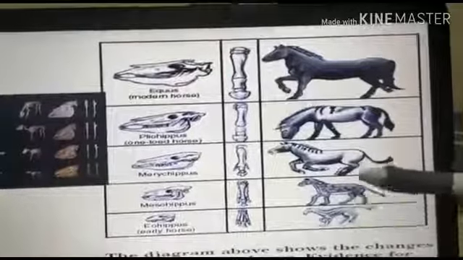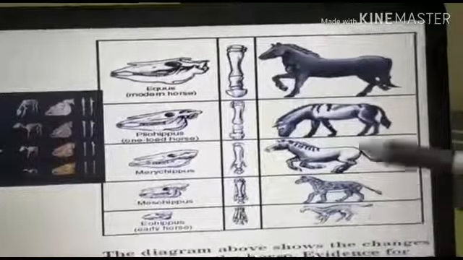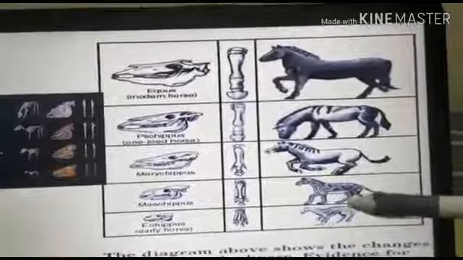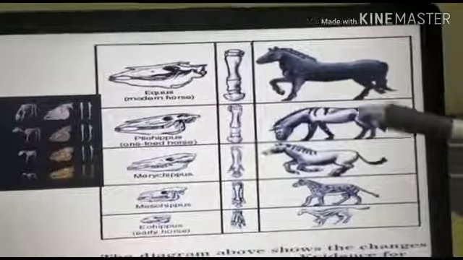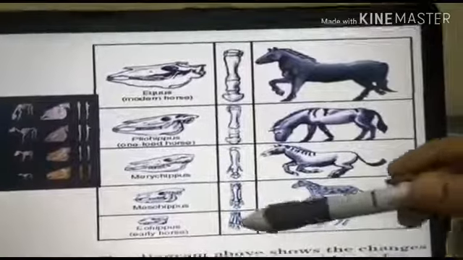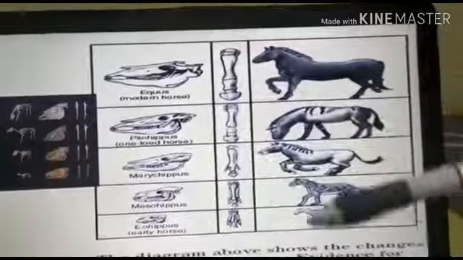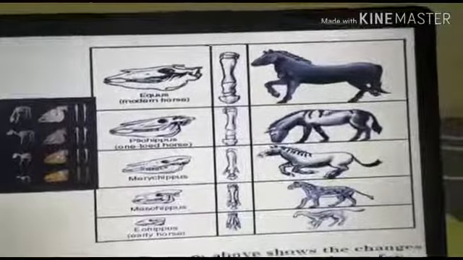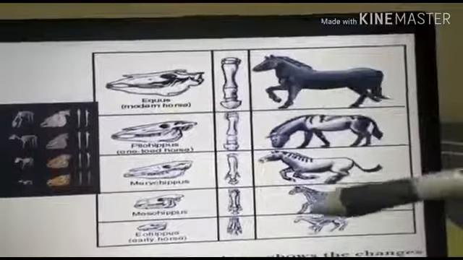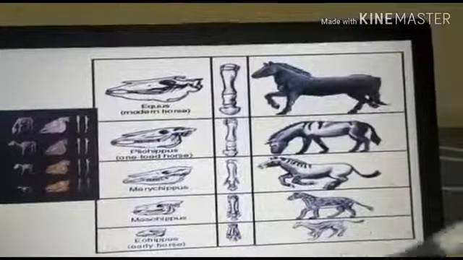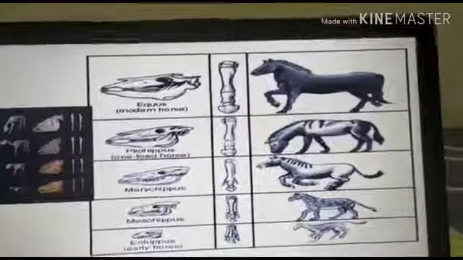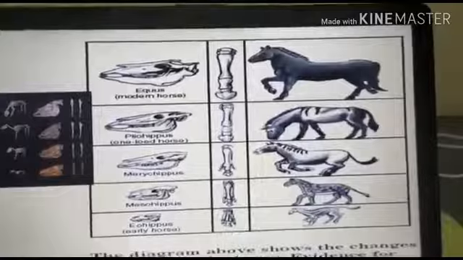Some look like a different animal. That means they underwent different changes. So this record of fossils will give an idea about the changes of the body of the animals, an idea about the living organisms. We will get this from the fossil record.